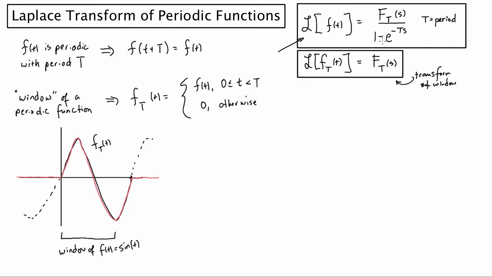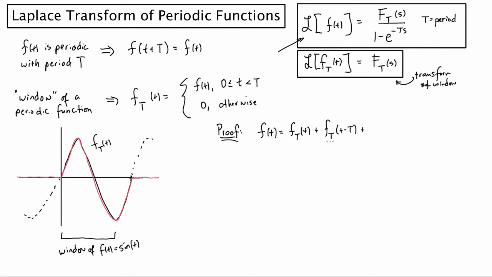I do want to go ahead and give a small proof of this result just so that you are a little bit comfortable in understanding some of the ins and outs of what's going on here. The proof of this result comes from the fact that you can decompose a function into its windows, meaning that if I look at the function f of t, so I'm starting at 0 and going on, I'd have the first window, which would be f sub T of t, plus the second window, which would be f sub T of t shifted by T. So if I shift the first window a period amount of T, then I'm looking at the second window.